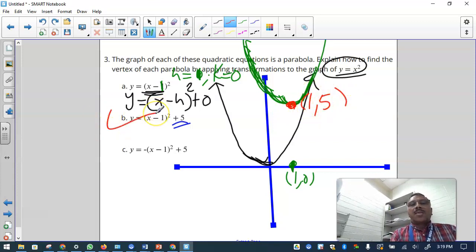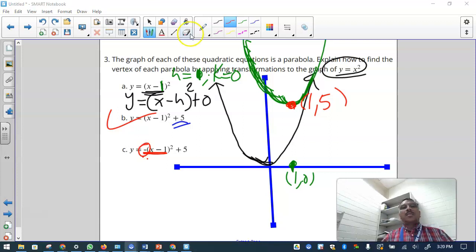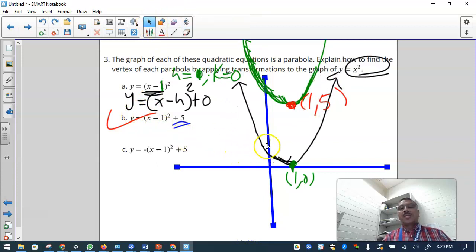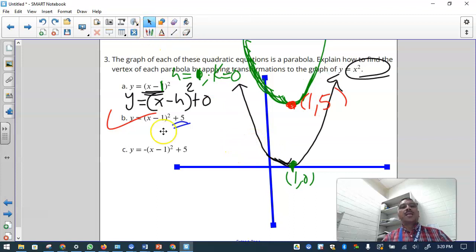And the third part is there's a minus. What does that minus do? Now this part we have to be very careful. There's a minus here. First there is a -1, so you shift the graph to the right like this, and then we reflect the graph. Watch this.